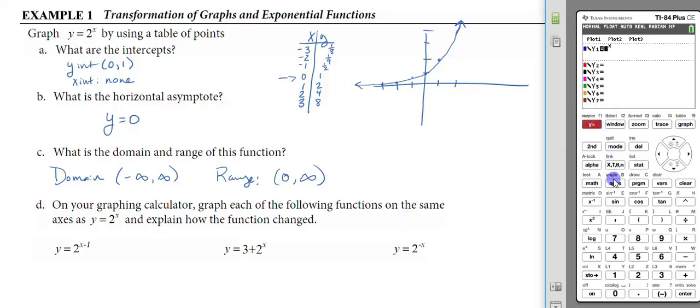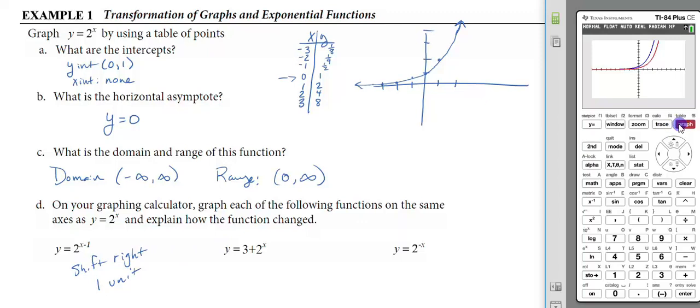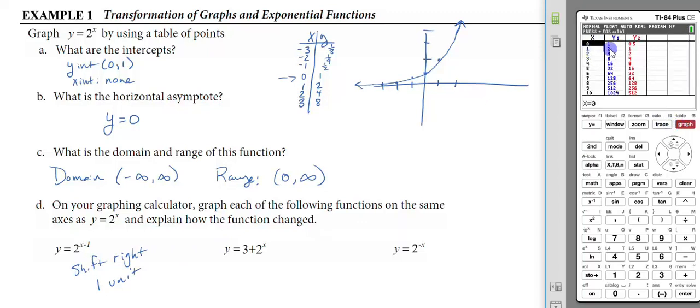And let's put in this function y equals 2 to the x minus 1, and graph that. And what has happened is that this has shifted right 1 unit. You can see even in the table, an input of 1 gives us 2, but it takes an input of 2 to give us a 2 on the second function.